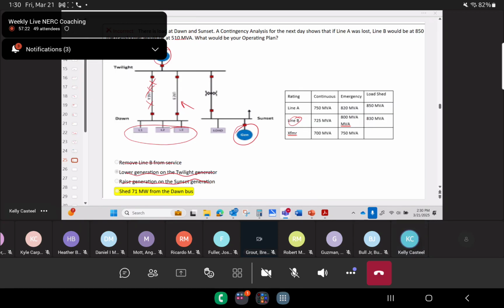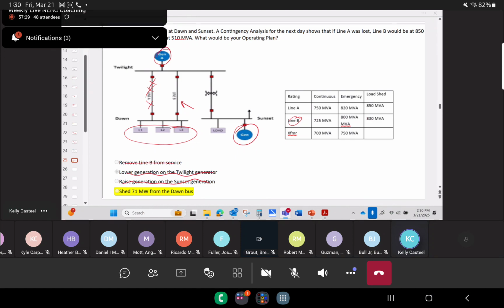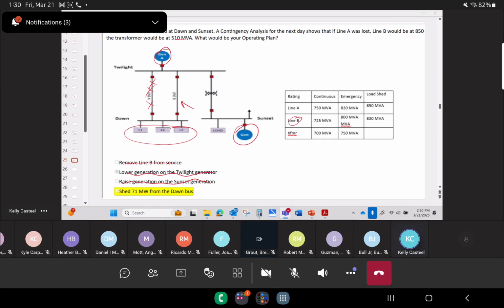Everything from routine breaker maintenance. Breakers have routine schedules for maintenance.